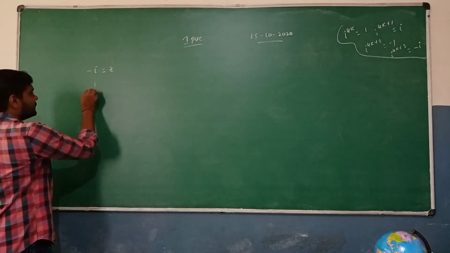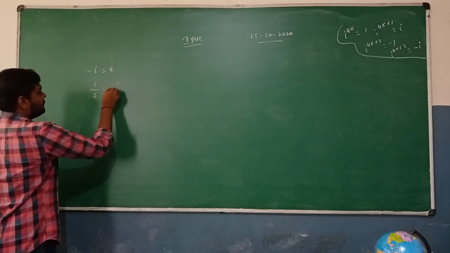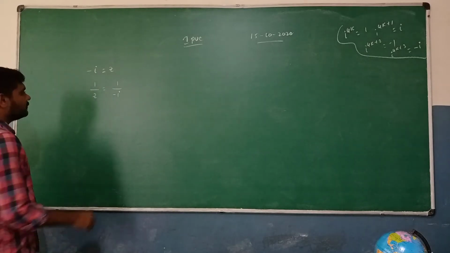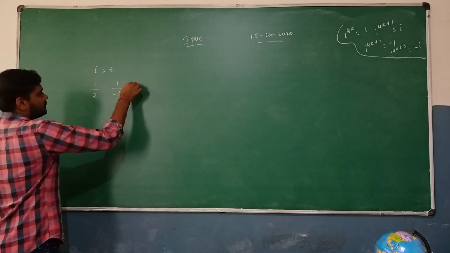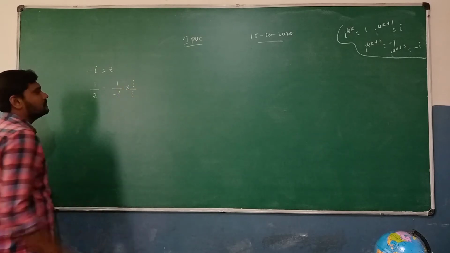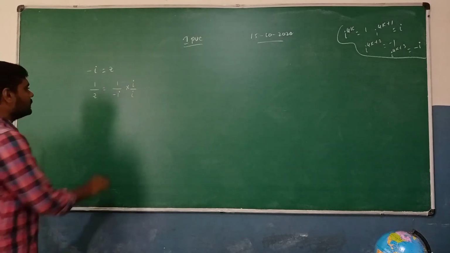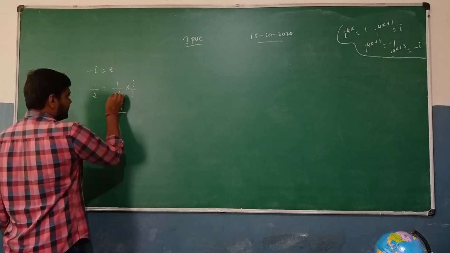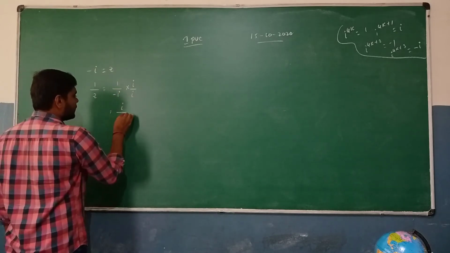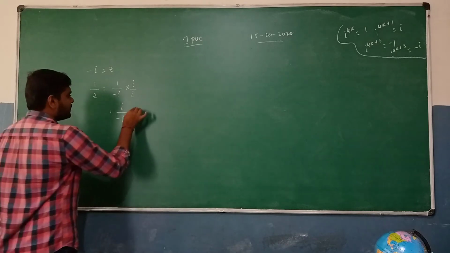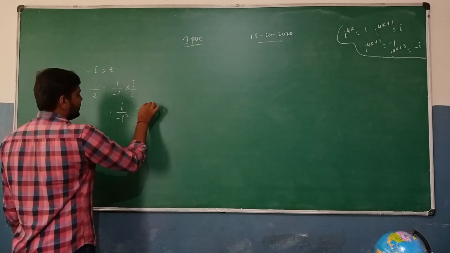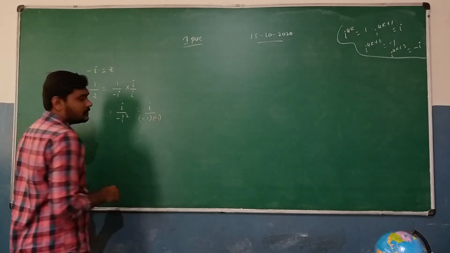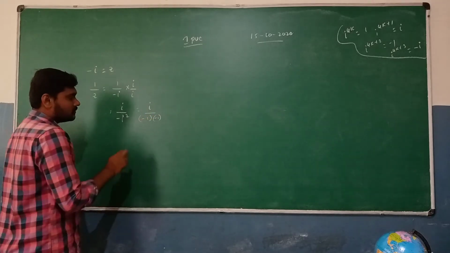So 1 divided by z can also be written as 1 divided by minus i. We need to multiply the conjugates here. That's going to be i divided by i. Multiplying, what do we get? 1 into i is i. In the denominator, minus i into i is minus i square. i square is minus 1, so minus into minus gives plus 1 into 1, which is 1.